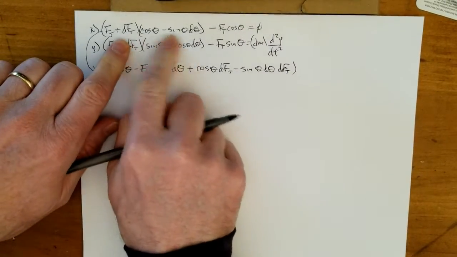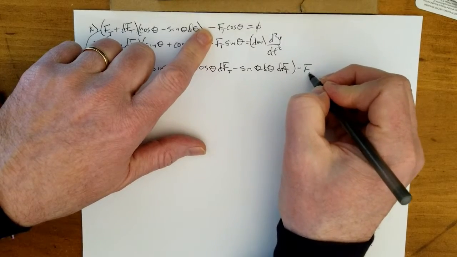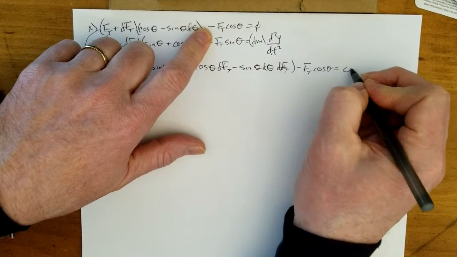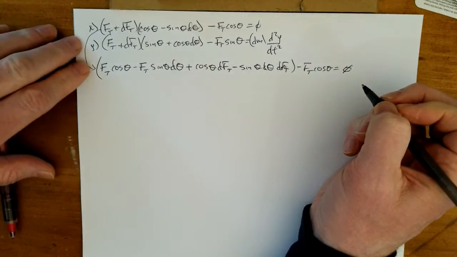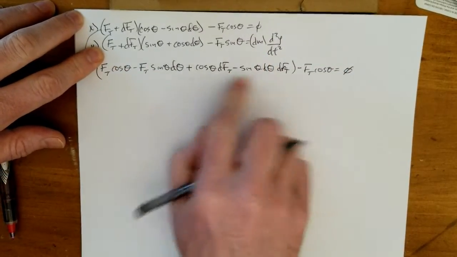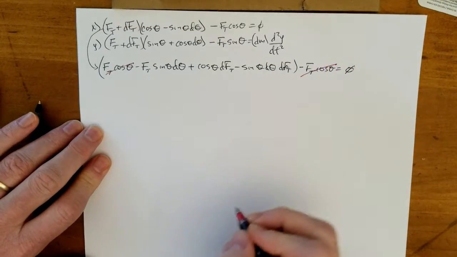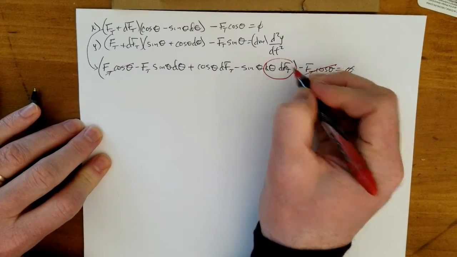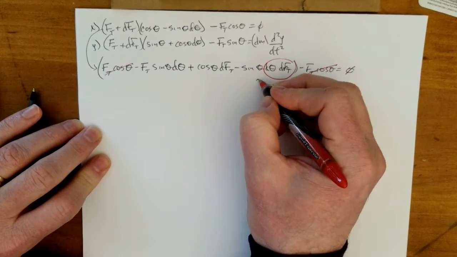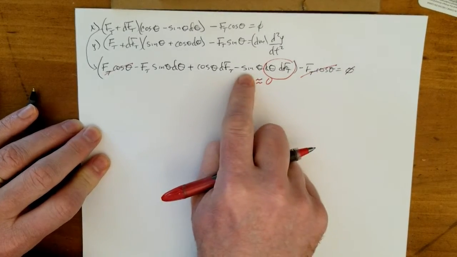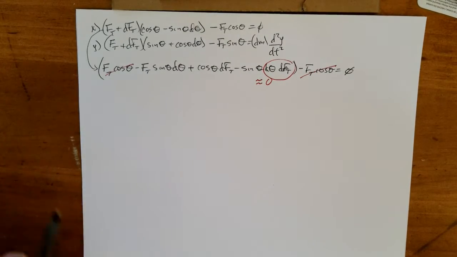So that is the foiling of this, minus my tension, is equal to 0. Let's go ahead and deal with this first. So right off the bat, those are going to cancel. This right here, I have two differentials being multiplied together, so this is going to be approximately equal to 0, especially since you're multiplying by some number that's 1 at the greatest.